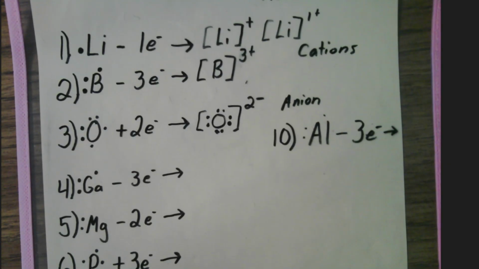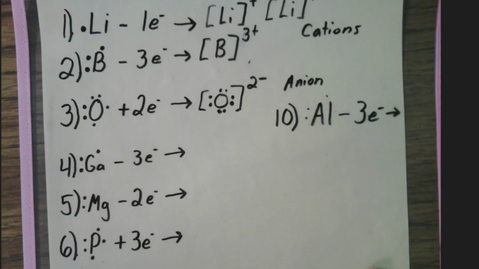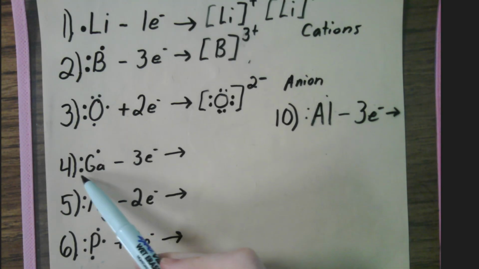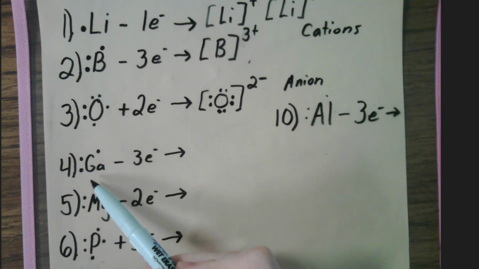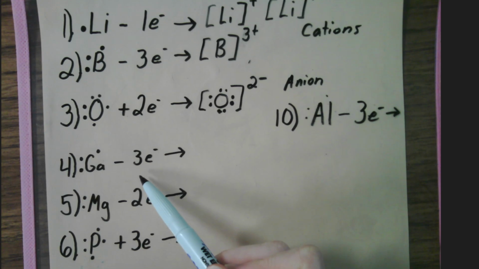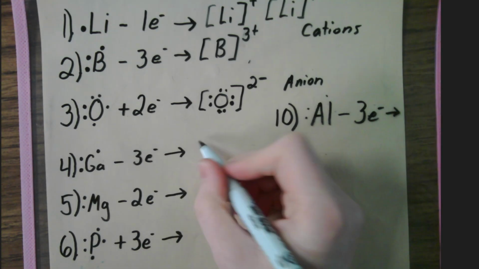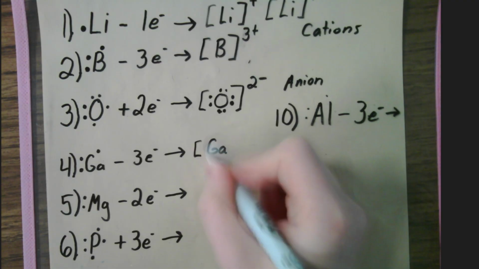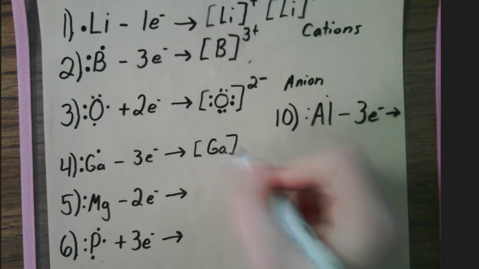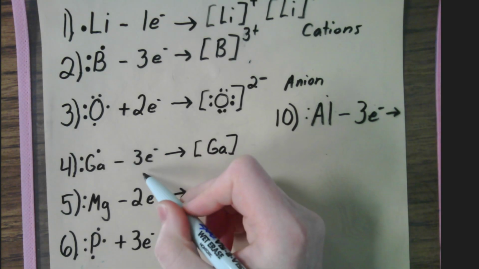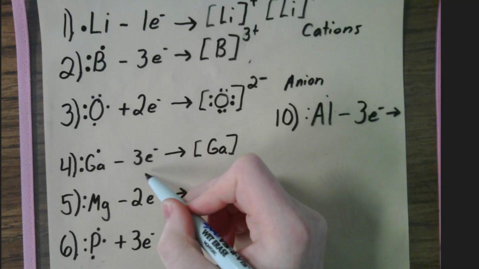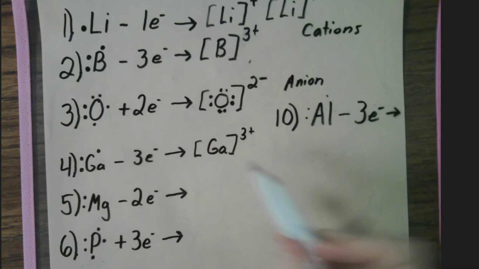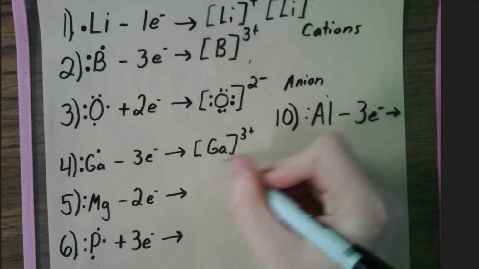Now let's look at gallium. Gallium has 3 valence electrons, and in this instance, we're getting rid of those 3. So we're going to put our brackets. We're going to have no valence electrons around them, brackets, and if we're getting rid of negative, it's going to be more positive. So we're going to do a 3 plus. This one is also a cation.